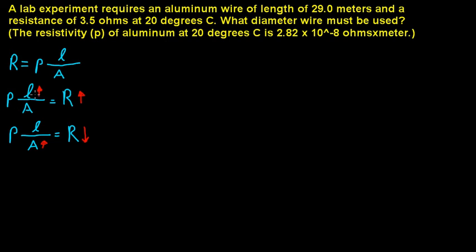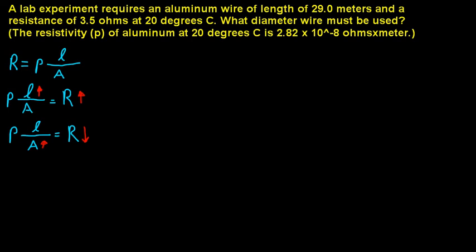Likewise, if the length goes down, the resistance goes down, and if the area goes down, the resistance goes up. So from that, we can positively say that resistance is proportional to the conductor's length and inversely proportional to its cross-sectional area. Alright, so now that we know that, let's work our problem here.